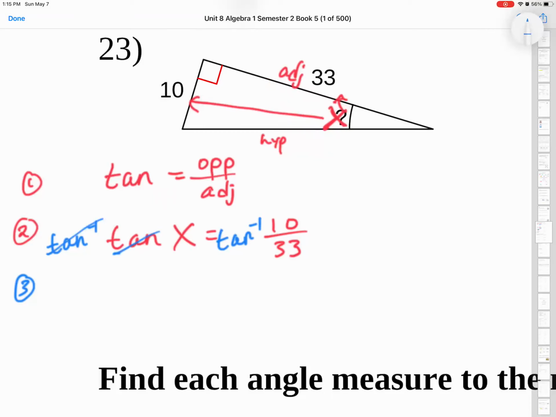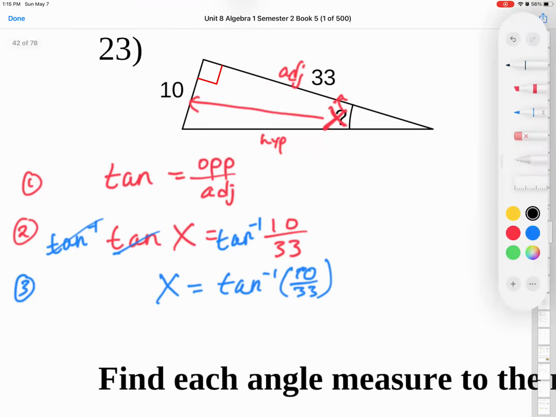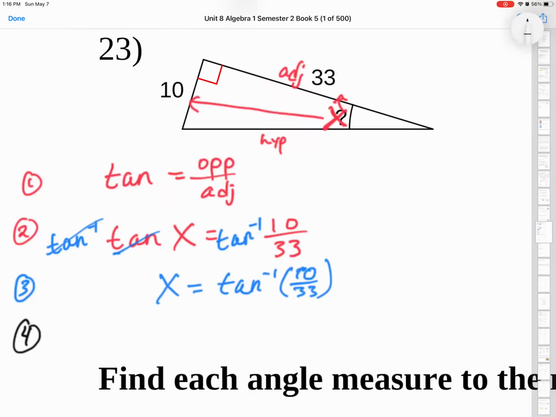These guys come together, leaving you just your x that you want. And now we have to just pretty much plug that into a calculator. And so for our step four, we see that x comes to about 17 degrees.